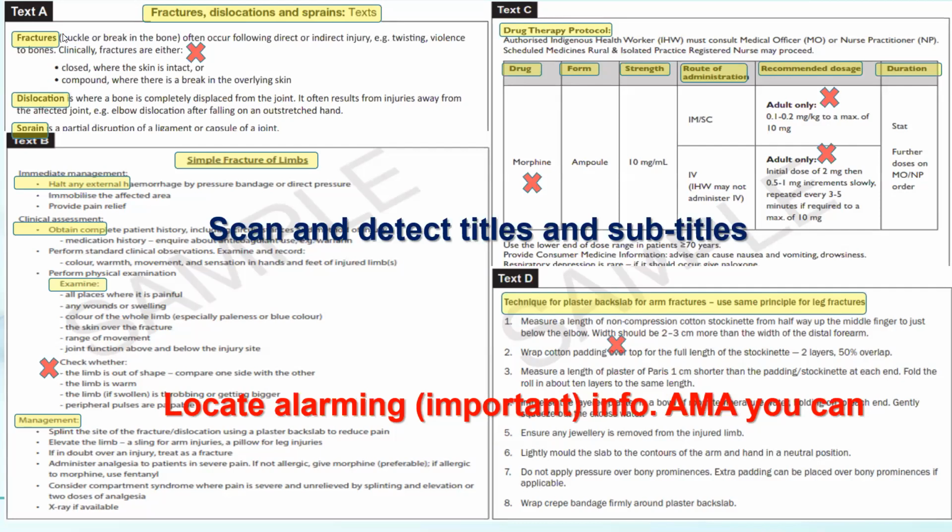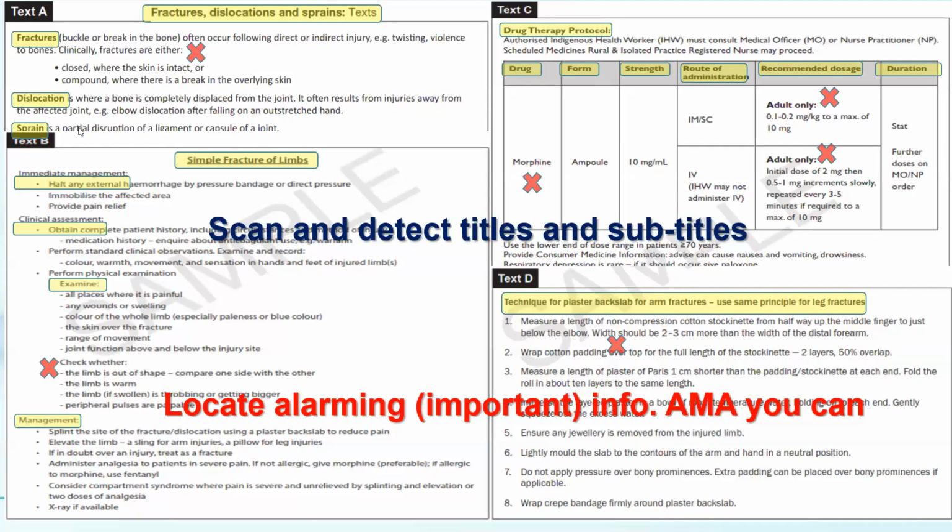You can locate clinically fractures are either closed or compound, like types of fractures, and same thing for dislocations, and go for sprain.